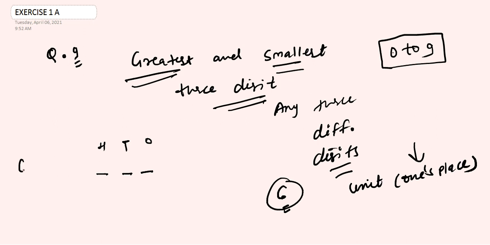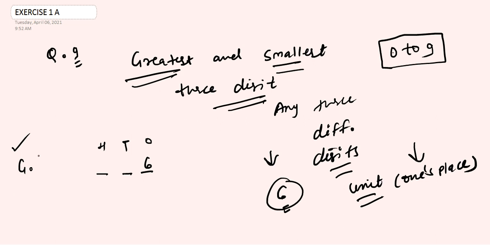Now first let's form the greatest. In the greatest, see, the first condition is given: at the unit place you have to write 6. So at the ones place we will write 6. Now you have 2 vacant places here, tens and 100. Now we have to form the greatest number.